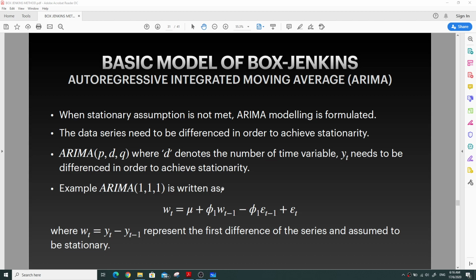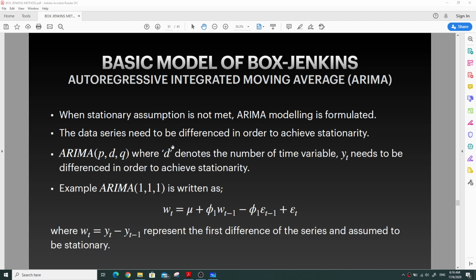So this is the model that we need, which we call autoregressive integrated moving average. The integrated here means that we will perform the differencing first to transform our data series from non-stationary to stationary.